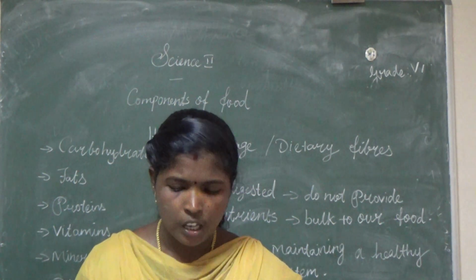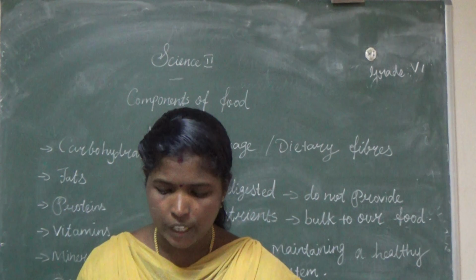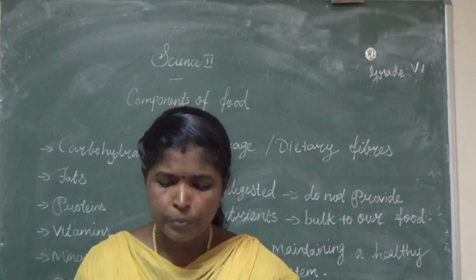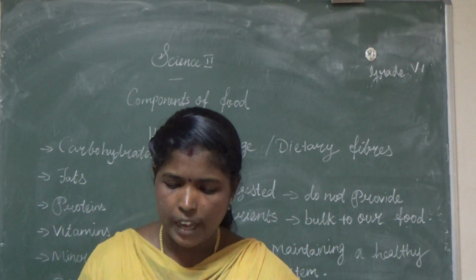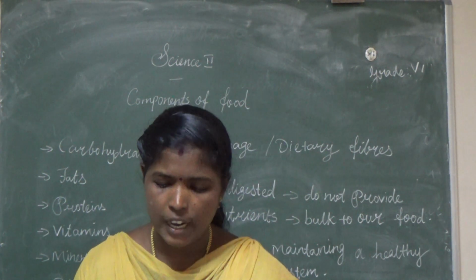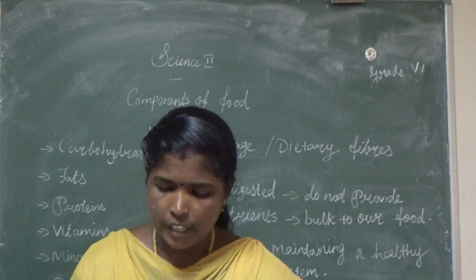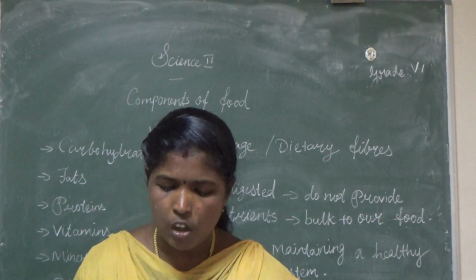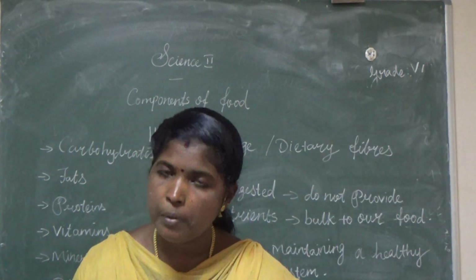Okay, did you mark? Listen. What are the types of dietary fibers? Soluble and insoluble. Underline it. Then, dash fibers are soluble in water: soluble fibers.